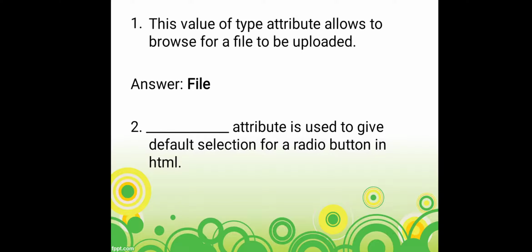Dash attribute is used to give default selection for a radio button in HTML. Suppose there is a radio button and you want it to be selected as soon as the form is loaded, means by default it is selected. So which attribute will you use? We'll see what all answers I have got.